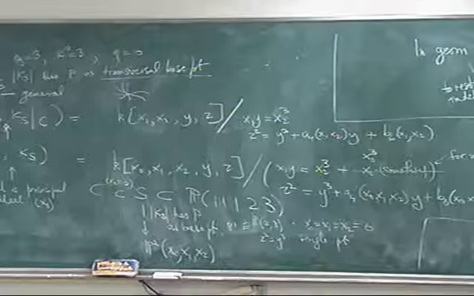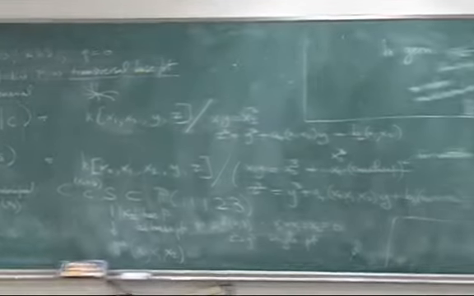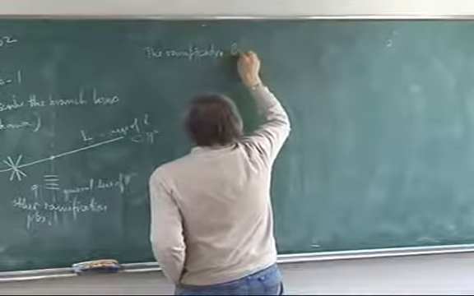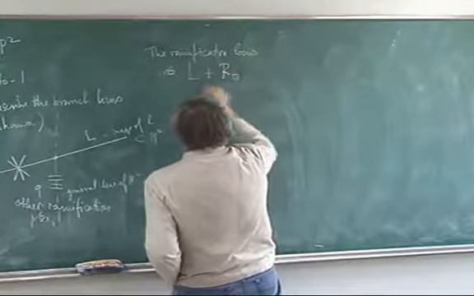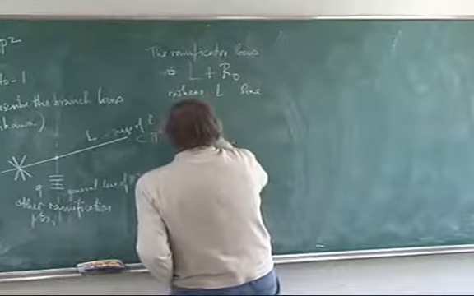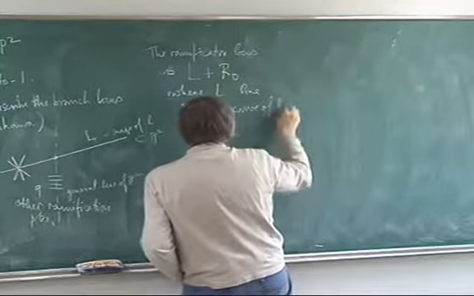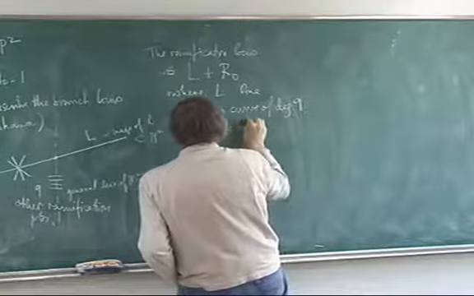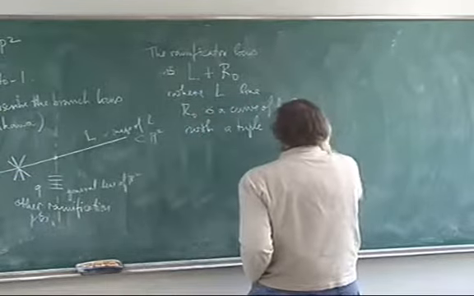What happens is this: the ramification locus is L plus R0, where L is a line and R0 is a curve of degree 9 with a triple point on x1 on L.